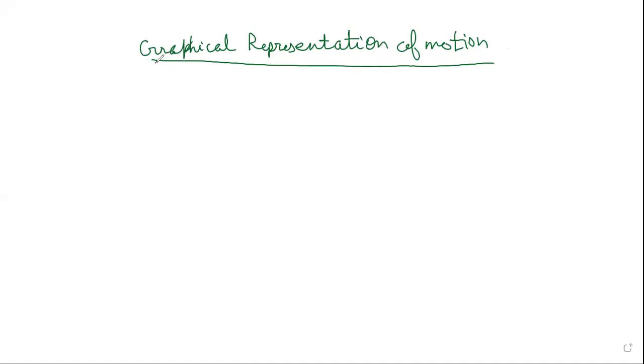So in graphical representation of motion, first of all, we will understand the meaning of graph. It is plotted between two variable quantities: one is independent and one is dependent.